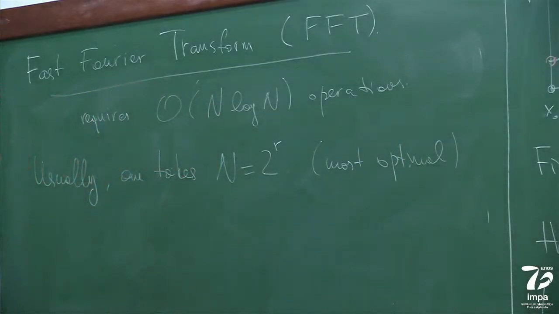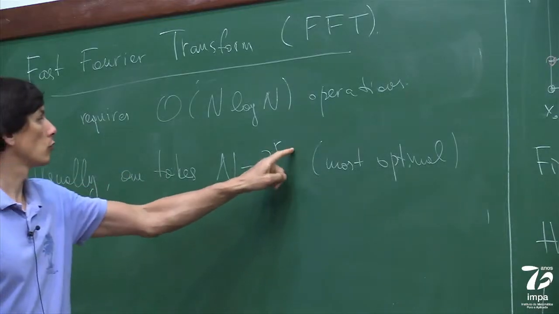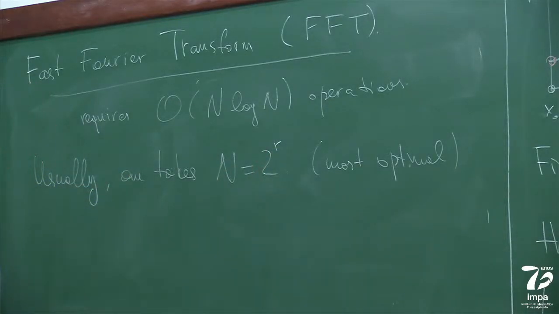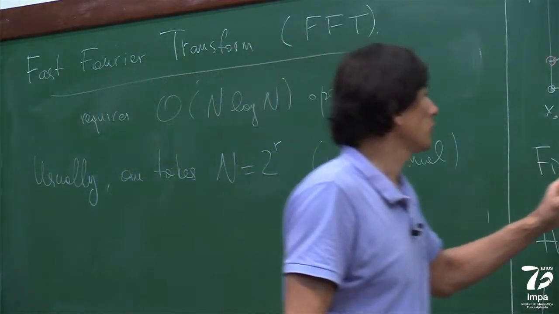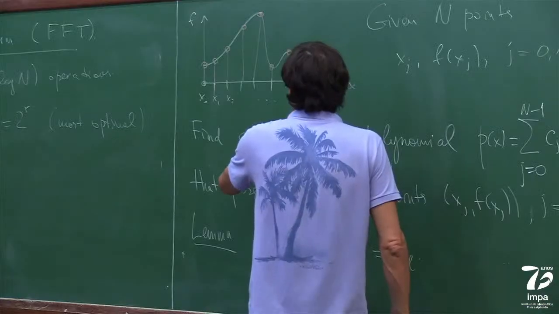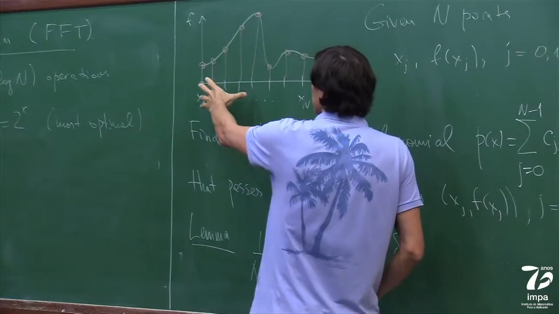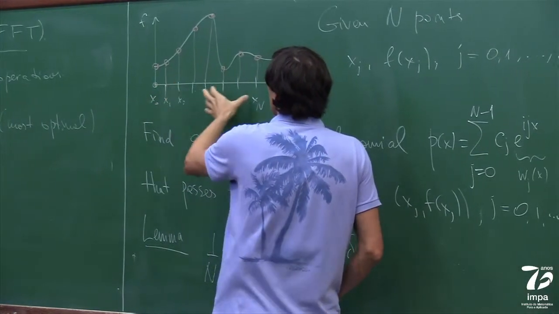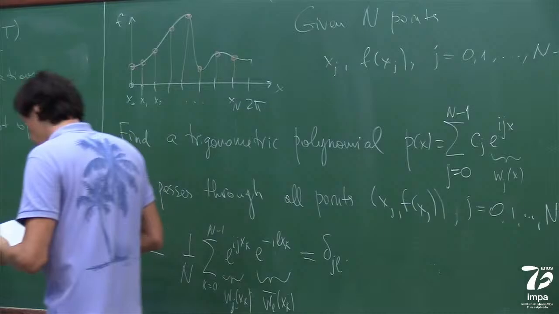Not necessarily, but the algorithm I will explain is for 2 to some power. And so what do you do? If n is a power of 2, you can always divide n by 2. So you can consider the first half and the second half of points.